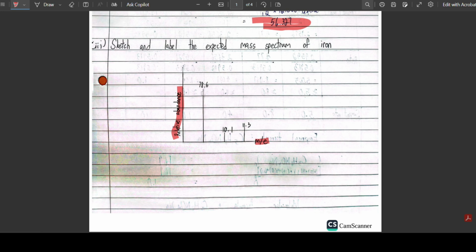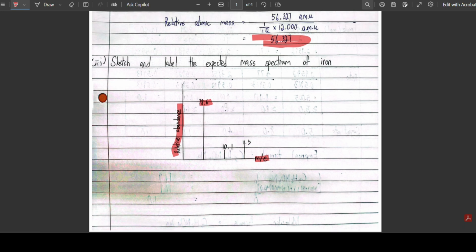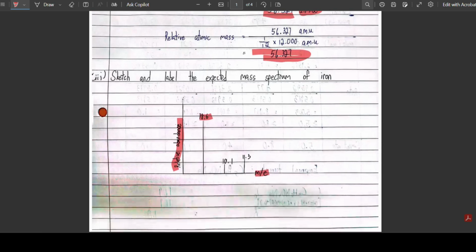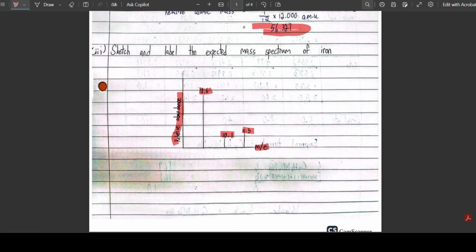And then we will draw out the lines. We will label it with 68.6, which has been given in the question, and also we need to label with 10.1 and so on. So this will be our answer.